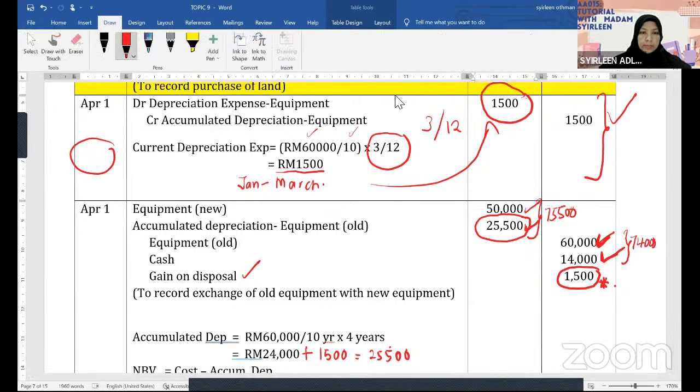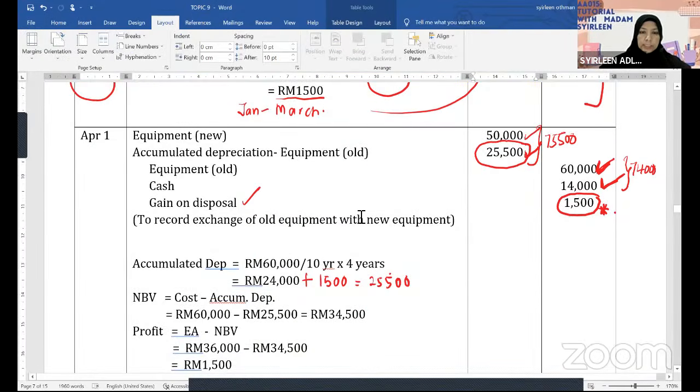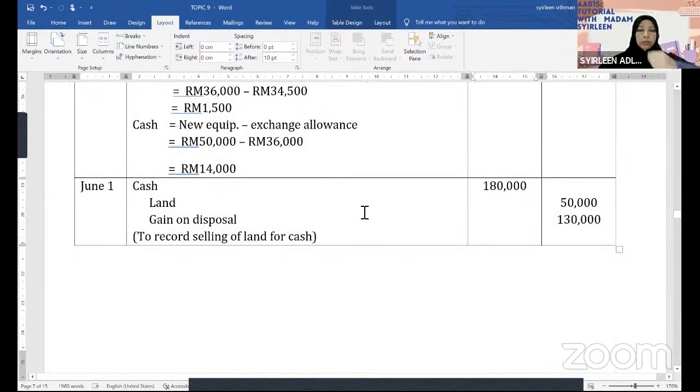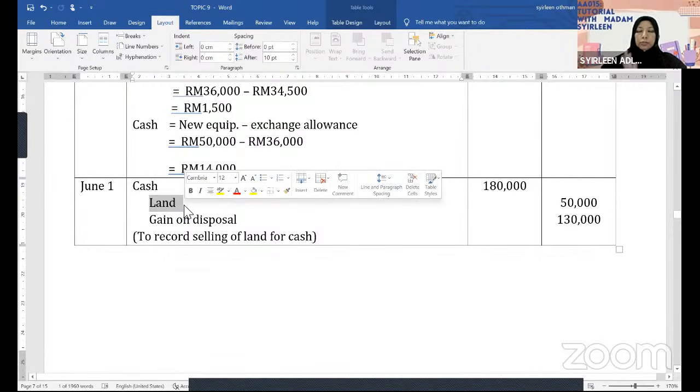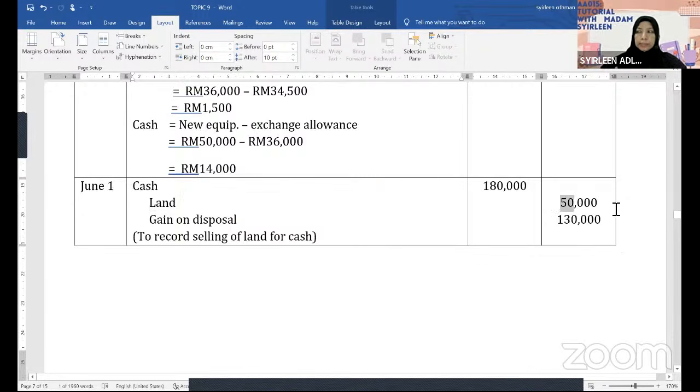Alright, and then June 1st kita jual tanah. So jual tanah is actually very easy sebab you tak perlu kira accumulated depreciation. Kita jual tanah nilai 180,000. So you debit cash 180,000. Okay. And then kita credit sebab you dah jual tanah tu, that means you tutup account dia kan. So kita tutup tanah tu pada nilai asal semasa kita beli, which is 50,000 ringgit.